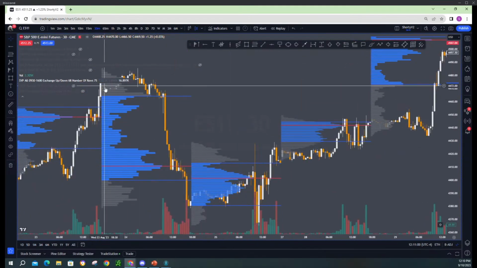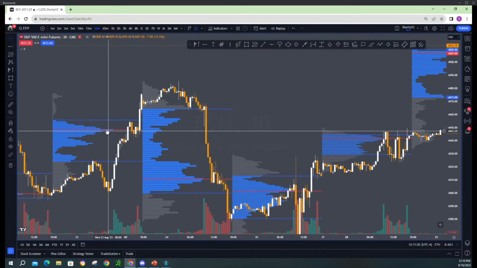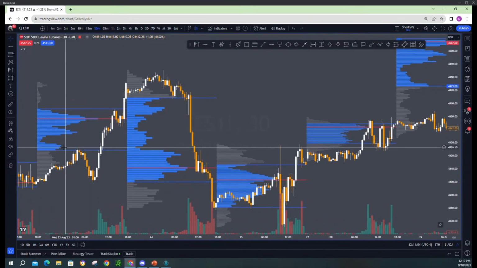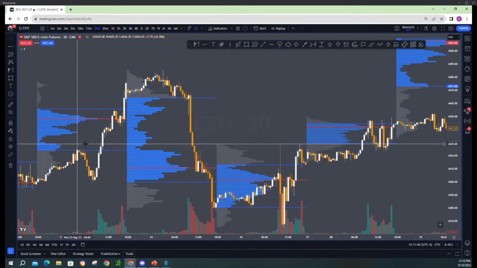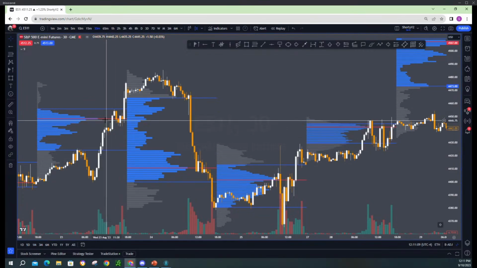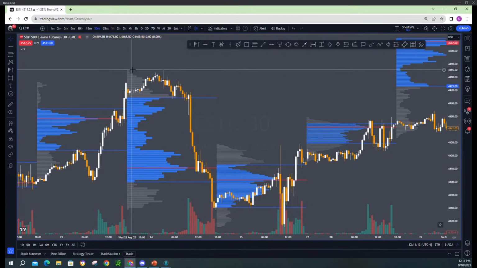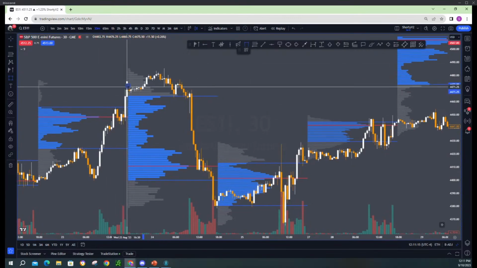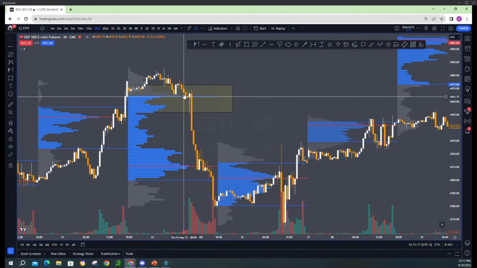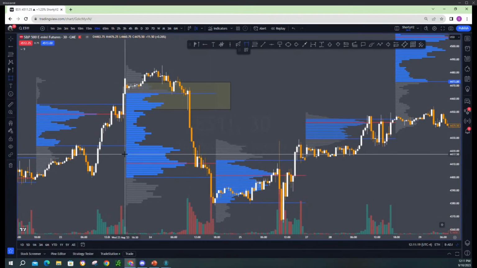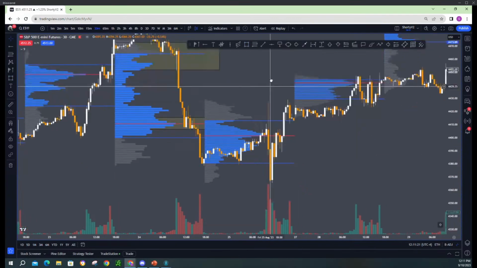I would say this is a pretty decent double distribution day. You had a distribution here, then you cracked it, and then you had this one here, and look what happened. You had a huge pop. Then this one here also carried almost like a double distribution for the day. Look, and look what happened.